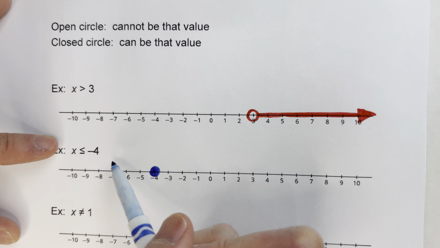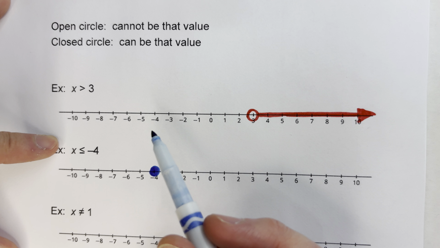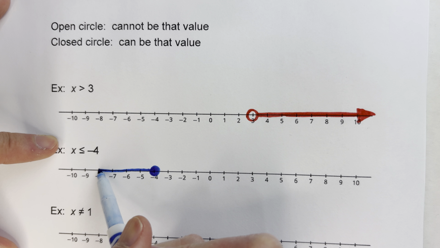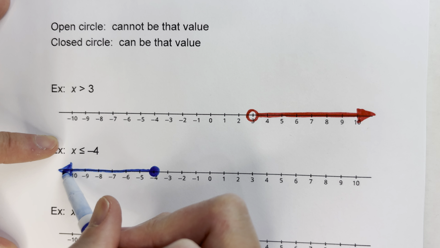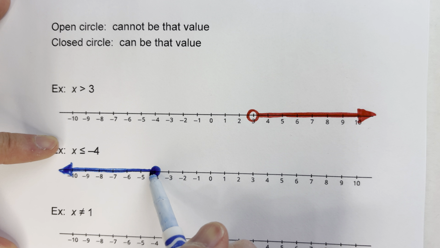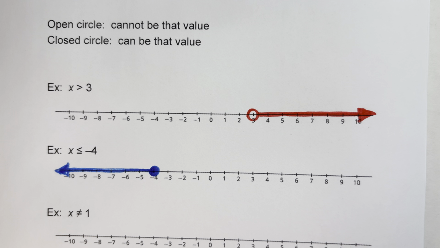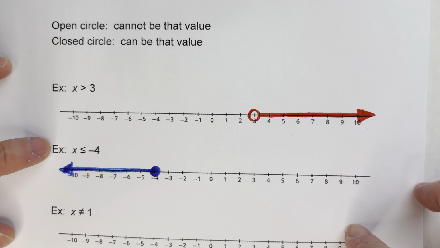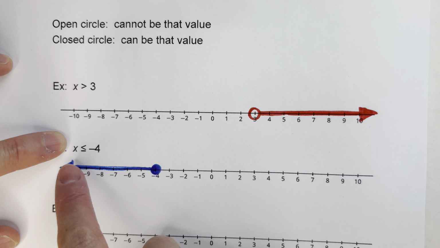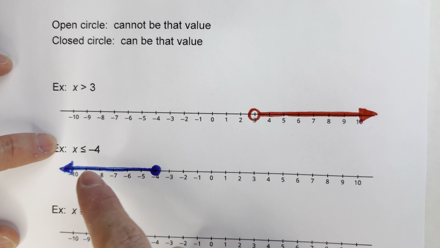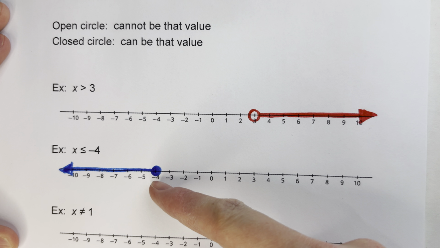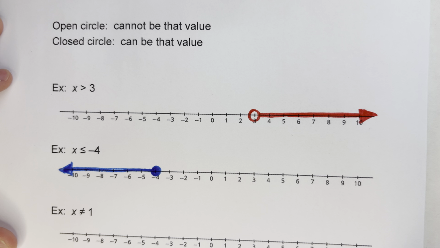And X is less than or equal to -4, so that means it's anything smaller than -4. So the arrow is going to go this way. So notice, this represents every possible value X could be. Okay, and that's the tricky thing about inequalities, X can be a variety of different numbers. It could be an infinite number of numbers, but they're all from -4 that way.